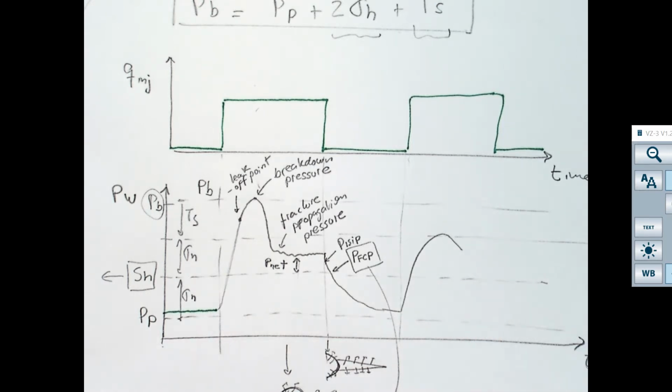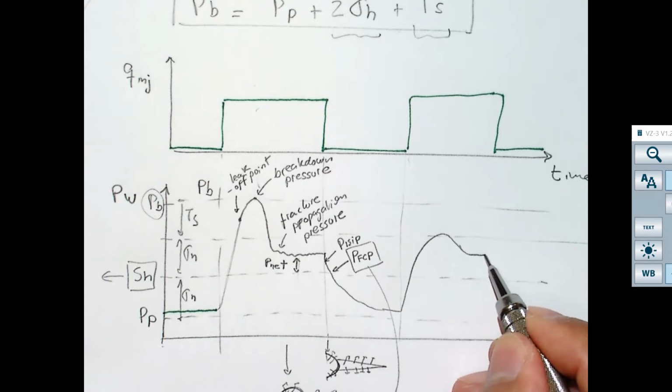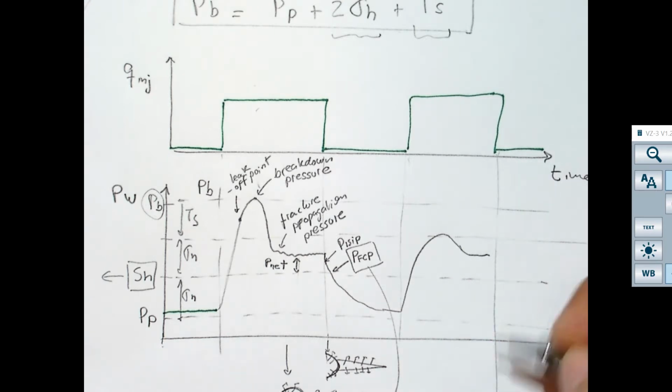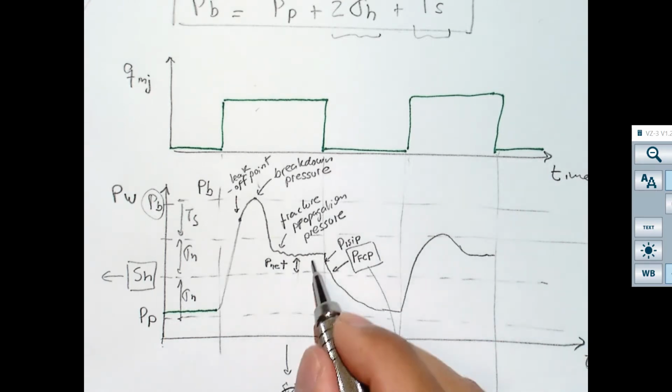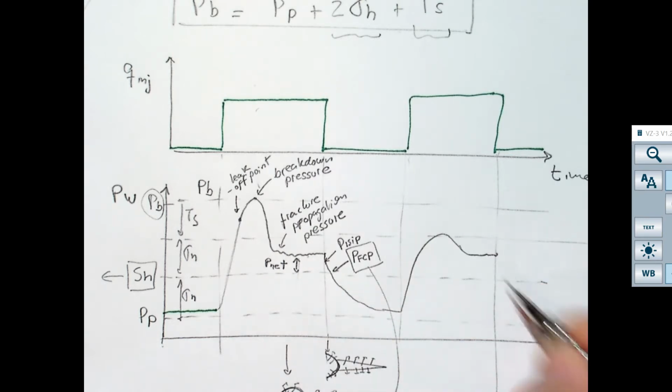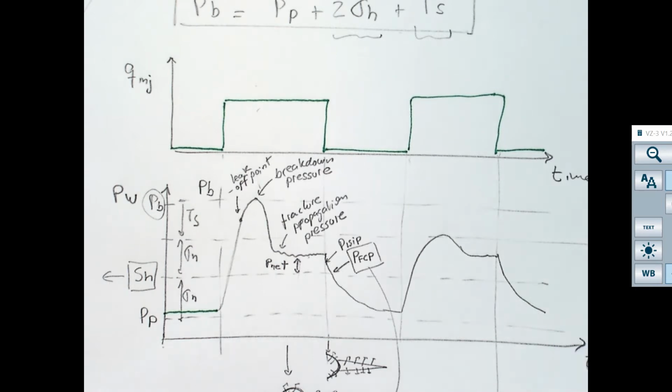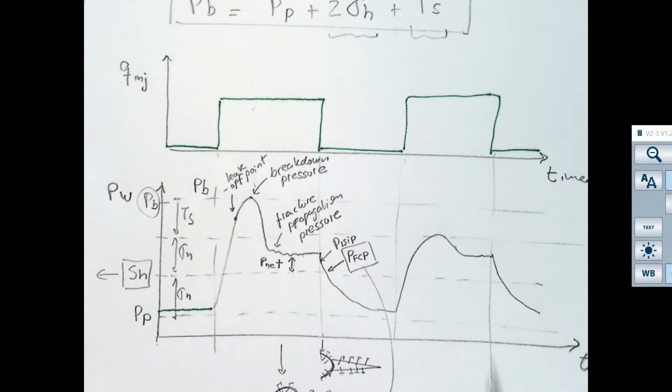And then when it goes into the far field, it goes again into the fracture propagation pressure, which is about the same as before. And if you were to shut it in, it will do the same as we saw before. But now the PV is going to be different, because now you are extending a fracture in a formation which is already fractured.